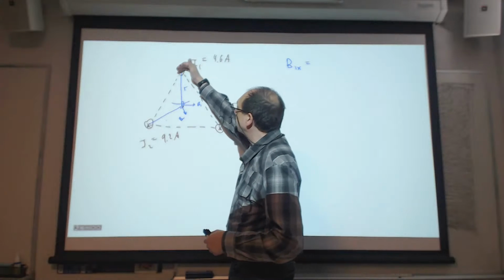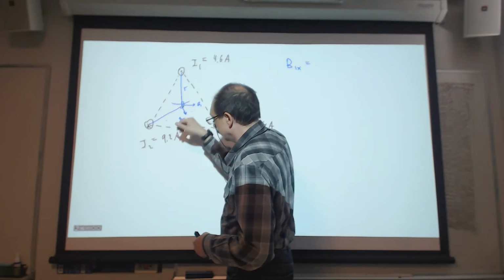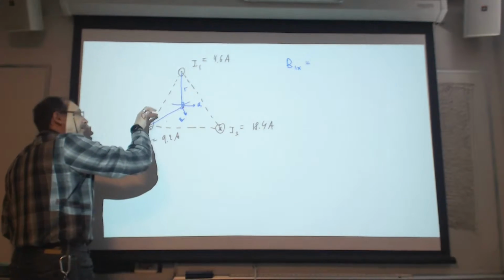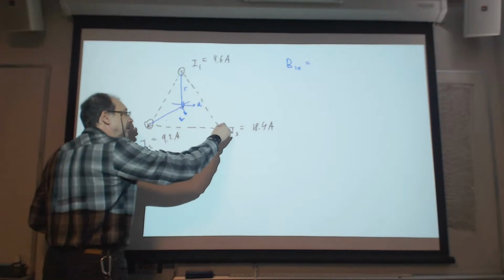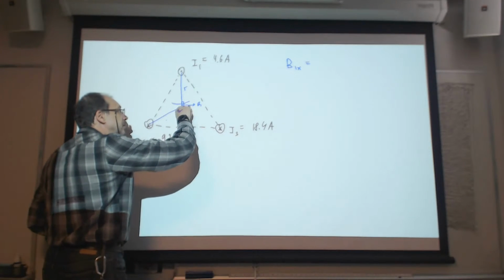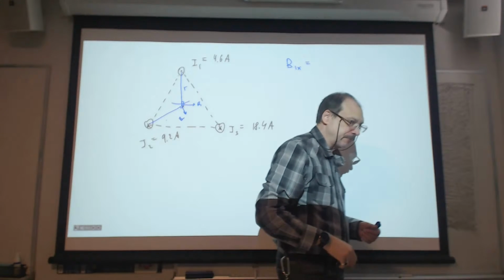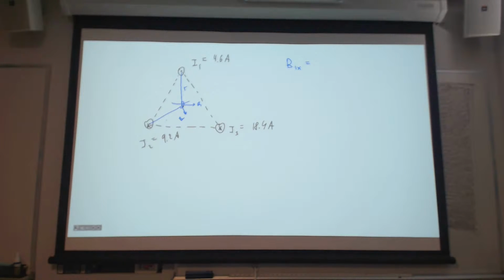Here, I'm looking at magnetic field number 1 pointing like this, magnetic field number 2 pointing like this, and magnetic field number 3 pointing right. I think I might have just mislabeled one of the vectors, which is not surprising for me. So this will be B3, also at 90 degrees to the radius.